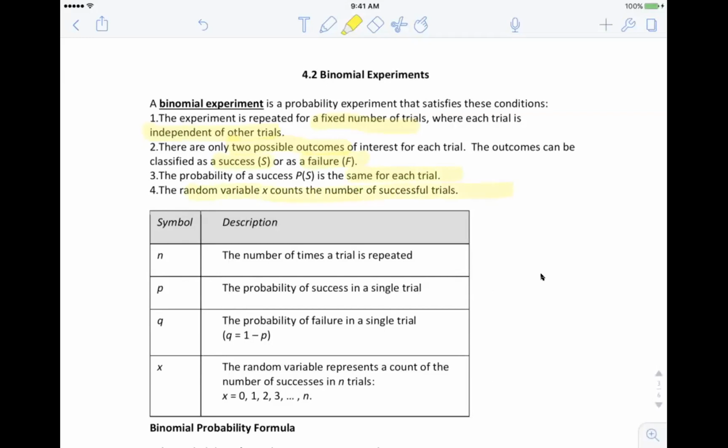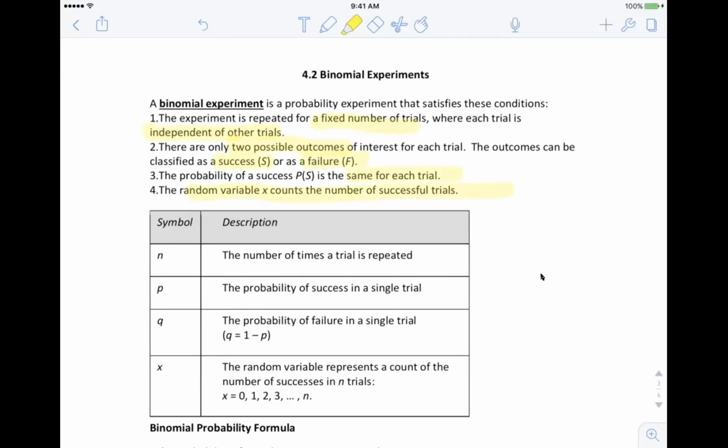the number of successes. So a problem that could be tackled with binomial experiments would be something like this. If you flip a coin 10 times, what's the probability that you get exactly 3 heads?